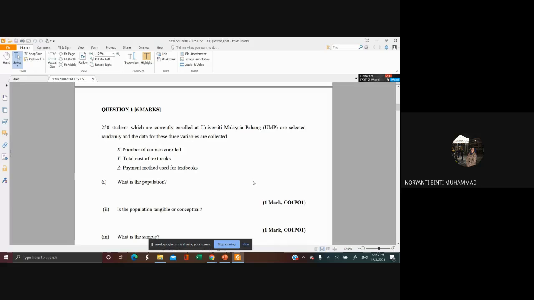So let's say this question 1, 250 students which are currently enrolled at UMP are selected randomly, and the data for these 3 variables are collected. So you have number of courses enrolled, total cost of textbook, payment method used for textbook.